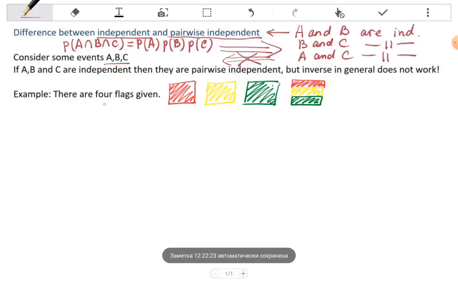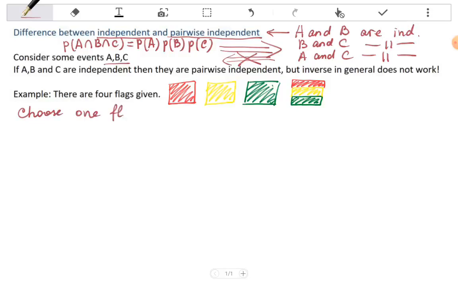Assume that we have 4 flags: red, yellow, green, and a flag which contains all 3 colors. And we choose one flag randomly and consider the following events.